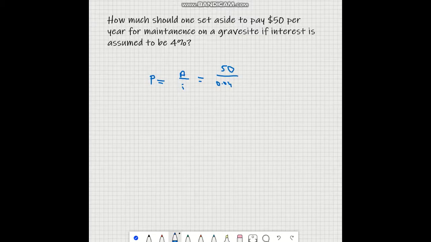When you divide them, we get $1,250. So if you pay one time $1,250, the watering or irrigation or other maintenance is gonna be taken care of by the officers or whoever is responsible at the gravesite. This is the case.